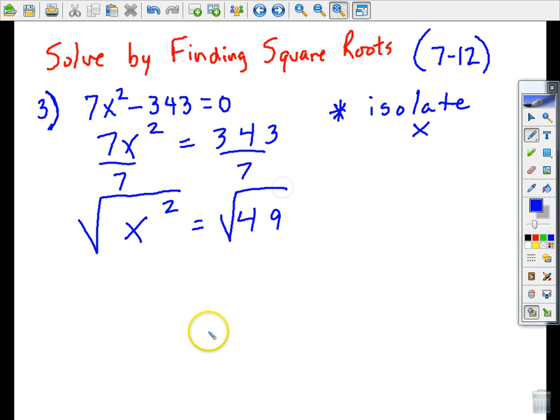Now, I want to go back to a statement that I made earlier. The degree of the equation tells us how many solutions we should end up with. All right, if you'll keep that in mind, that will help prevent this very common mistake. I have a lot of people that will come to this conclusion.